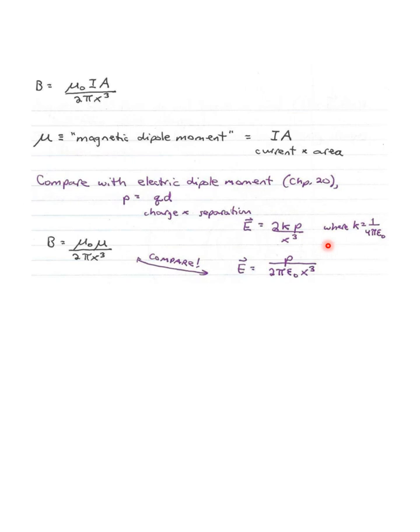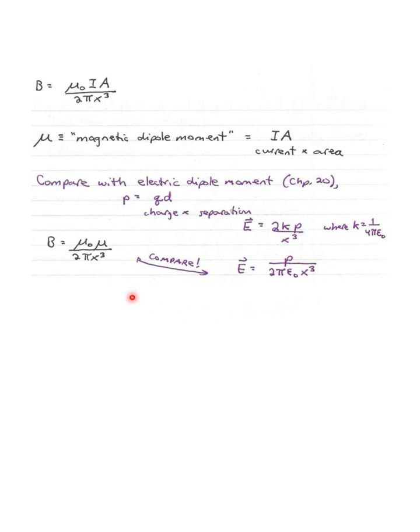And I'm going to replace that Coulomb constant k with the more universal epsilon naught. And so that becomes p over 2 pi epsilon naught x cubed, because remember k is 1 over 4 pi epsilon naught. So when we looked at the electric field along the axis from an electric dipole, we got p, or the electric dipole moment, over 2 pi epsilon naught x cubed.